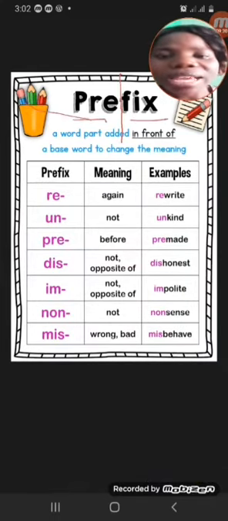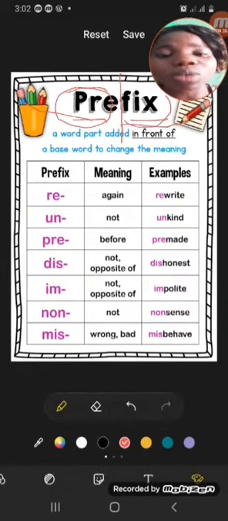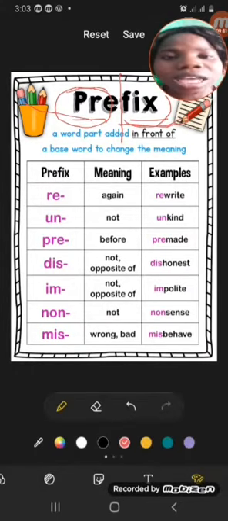So pre in this word is a prefix because it is added to the word fix. Do you get it now? Pre means before. So any letter or groups of letters that you add at the beginning of a word is called a prefix. Do you get it?